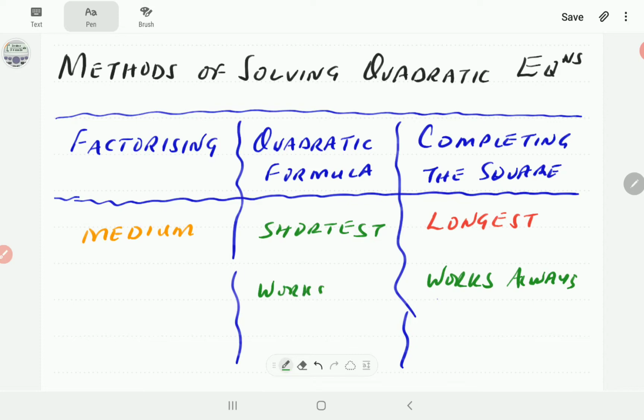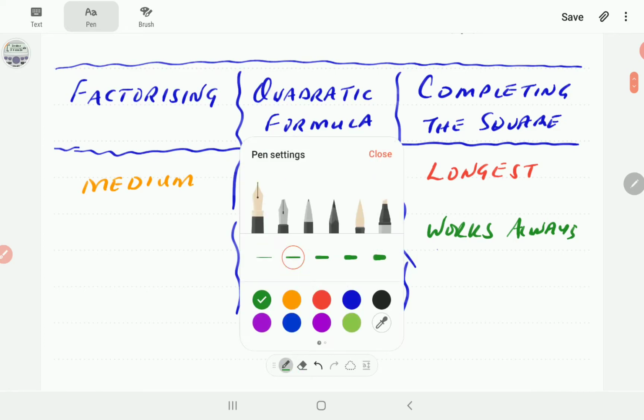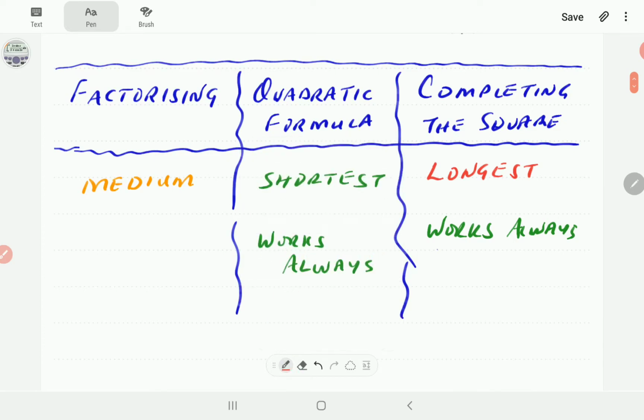This one, which is a shortcut of completing the square, is also going to work always. And the method of factorizing is going to work occasionally. So let's just say here, does not work always.